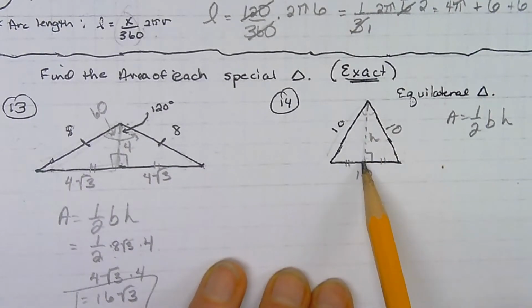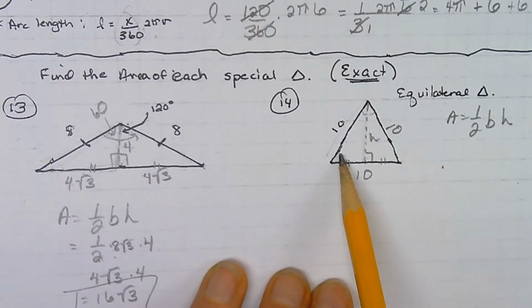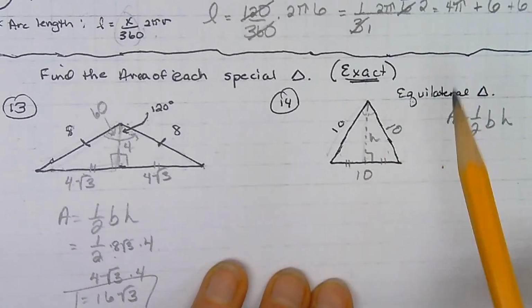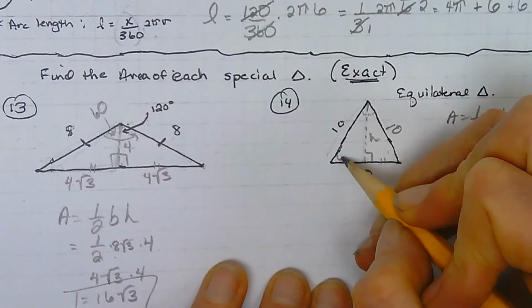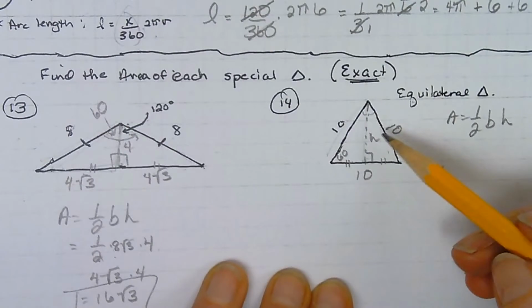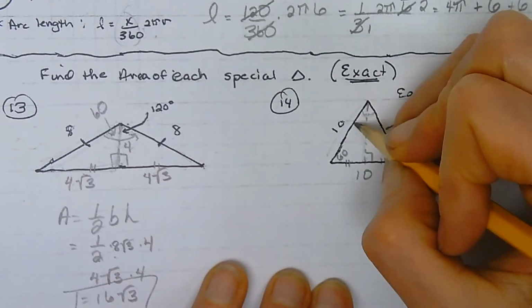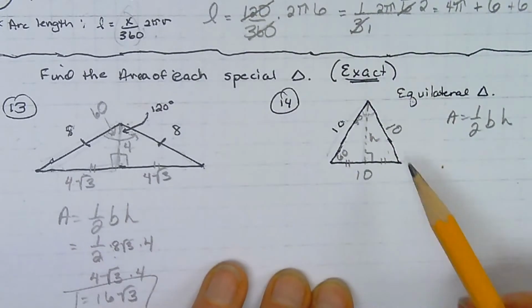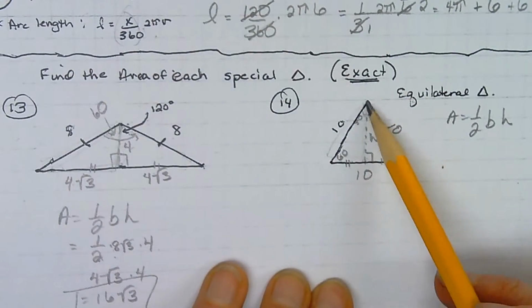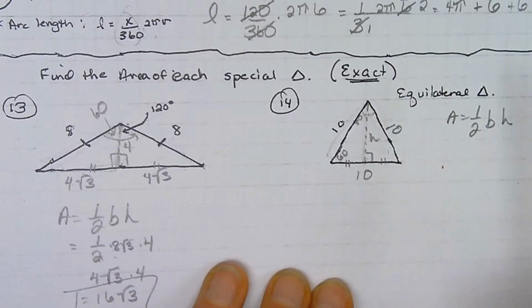Well, the height, if we notice, this is an equilateral triangle. Every angle is 60 degrees in an equilateral. So this is 60, this is bisected 60, so it's 30. So this is a 30, 60, 90 triangle. When you divide the equilateral triangle in half with an altitude, then you do get two 30, 60, 90 degree triangles.